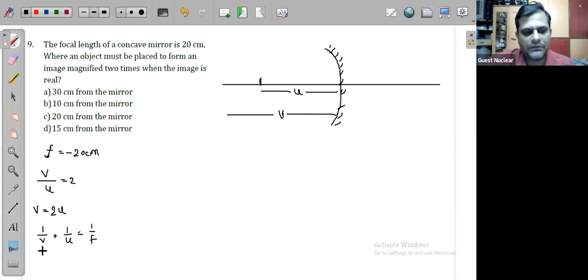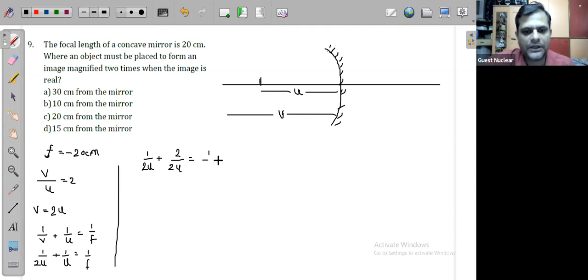So 1 upon 2U plus 1 upon U is going to be 1 upon F. So it becomes 1 upon 2U plus, multiplying and dividing by 2, 2 upon 2U, so that we can take the LCM.